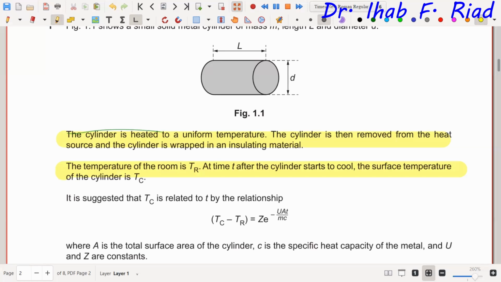We are carrying the temperature in a room, then we always keep the room temperature constant. At time T, after the cylinder starts to cool, okay, this is important. At time T, after the cylinder starts to cool, the surface temperature of the cylinder is Tc. I can wrap it with different insulating material. No, he didn't tell us that.